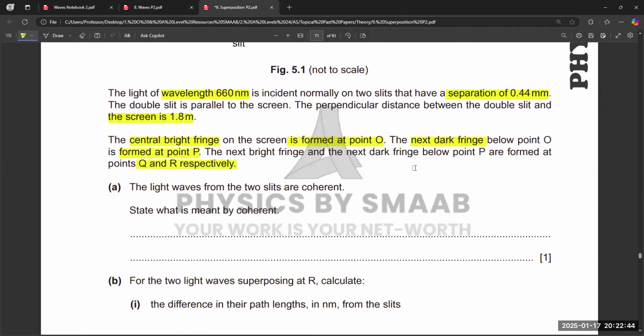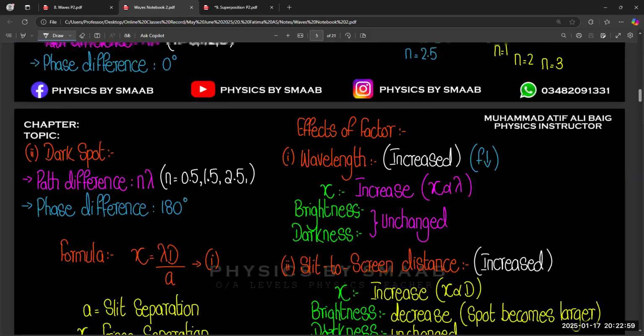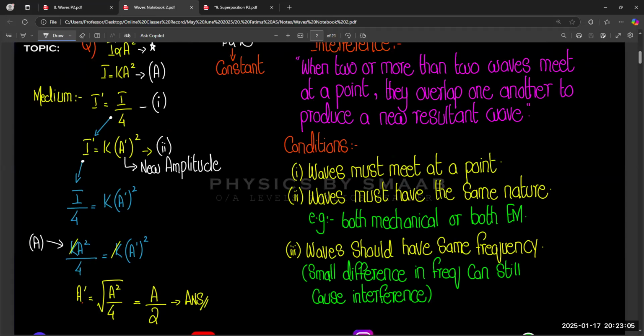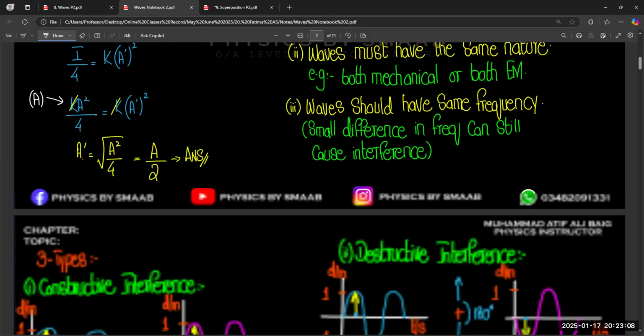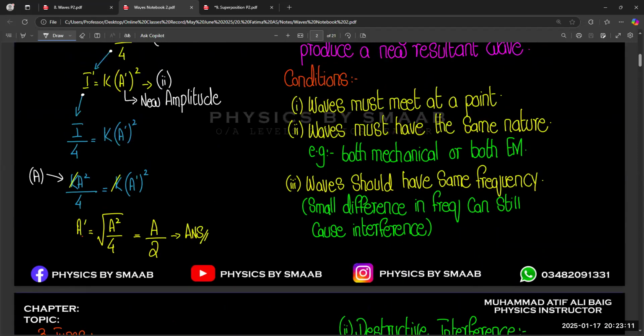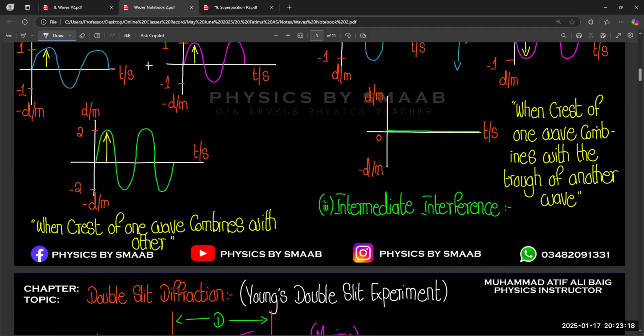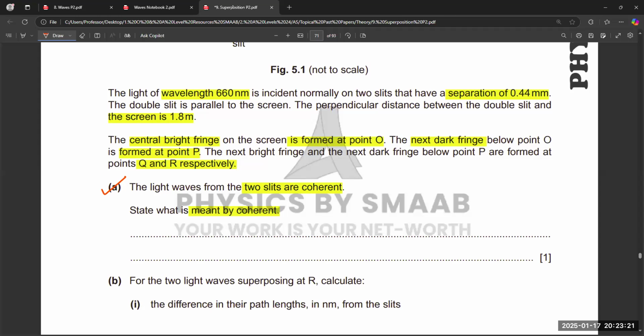First of all, the light waves from the two slits are coherent. So what is meant by coherent? When we use the conditions of interference, you remember we discussed same frequency, same nature, and that they also meet at a point. There is also the idea that both meet with the same phase difference, like their phase difference equals 0.